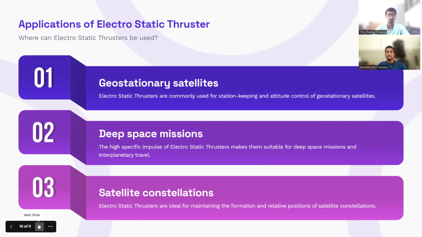Electrostatic thrusters are commonly used for station keeping and attitude control of geostationary satellites. They are also used for deep space missions, and they are suitable for interplanetary travel. And for satellite constellations, electrostatic thrusters are ideal for maintaining the formation and relative position of satellites.